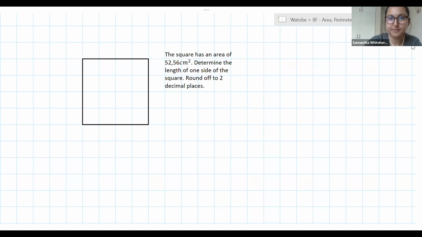Ma'am, since you gave us a square and a square has 4 sides, I used your previous method and I said 52,56 centimeters squared is equals to x times x. Good. Then, ma'am, underneath I said 52,56 centimeters squared is equals to x squared. Good.